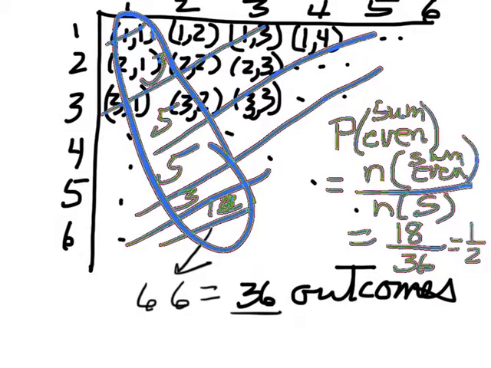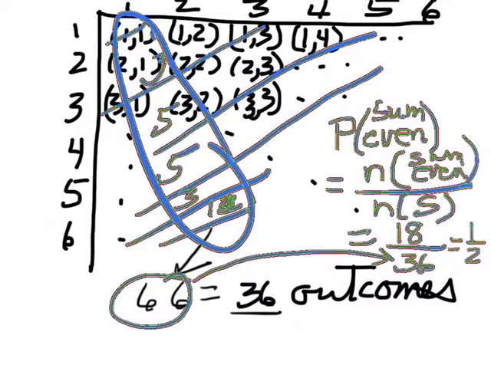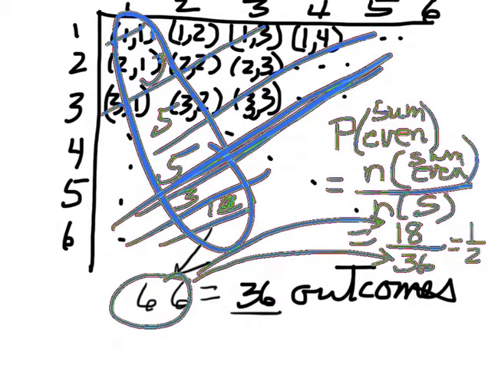Now notice, this counting right here gave us the denominator, the total of 36 outcomes, by the fundamental counting principle. The numerator we got based on observation from the table, or essentially my little blue lines talking about it here.